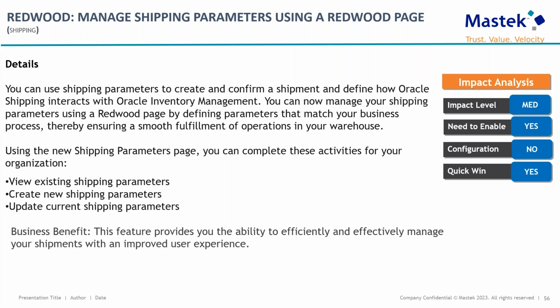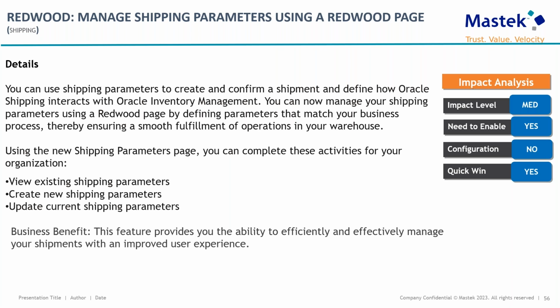So the new feature with 25B we have with regards to shipping is manage shipping parameters using a Redwood page. So with the latest updates, managing shipping parameters has become much easier. The new Redwood design page provides a cleaner interface to define how shipping operations interact with inventory management.